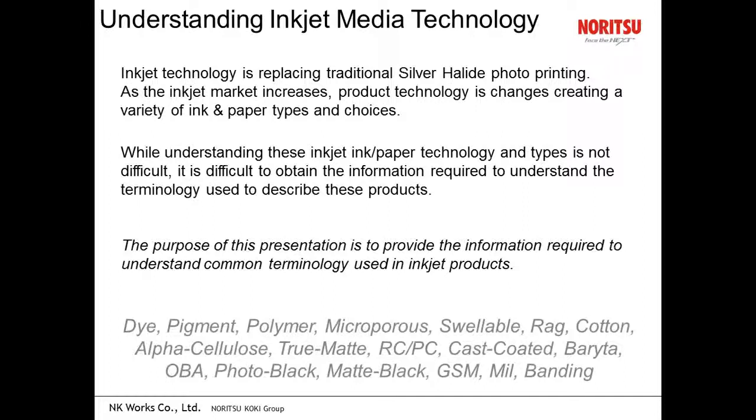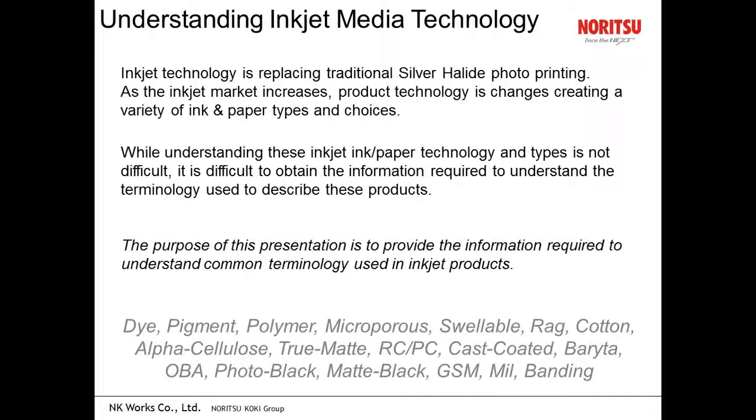My main goal is to provide you with a great deal of information where the vast majority of it is quite important to us in the imaging market, certainly for us as imaging professionals. There are a lot of terms such as microporous and swellable and rag and cotton, all terms that are used in the inkjet business and sometimes on the packaging itself, but certainly within the specifications.